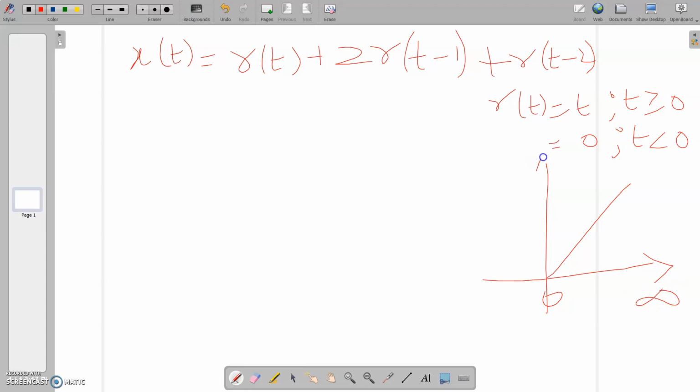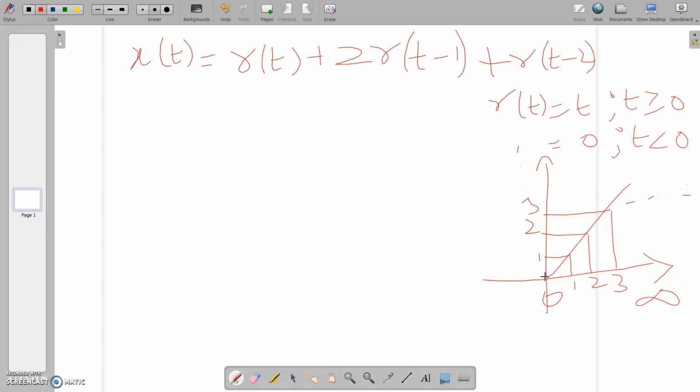At 1 the amplitude will be 1, at 2 the amplitude will be 2, at 3 the amplitude will be 3. It will be going on up to infinity, right? So it will be extended up to infinity. At 0 the amplitude will be 0. So this is nothing but my R of t.